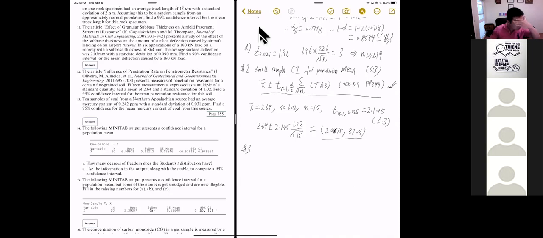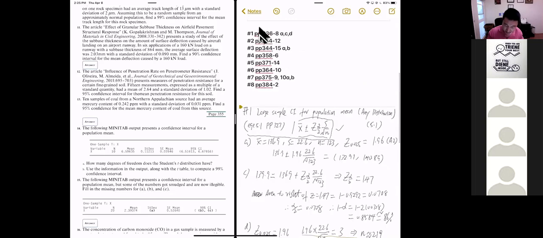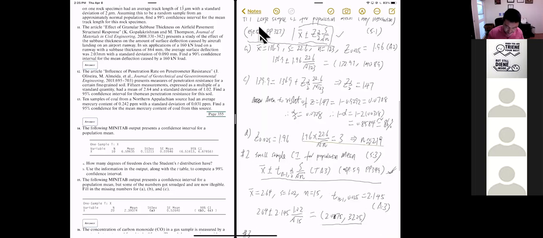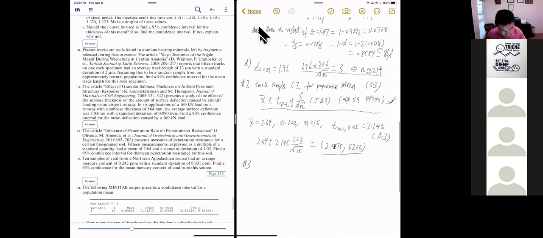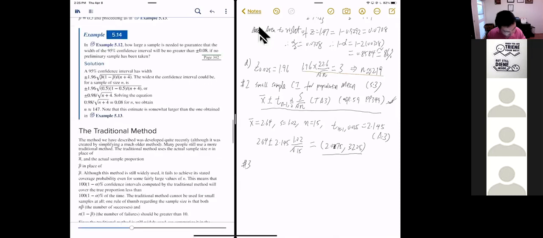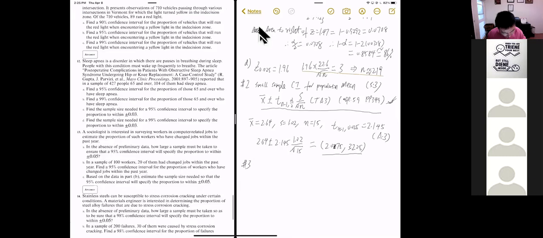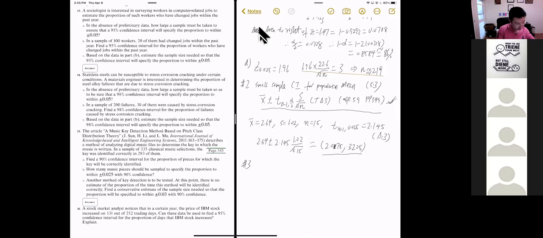from section 5.2. So page 344, question number 15, A and B. Question is here, number 15.